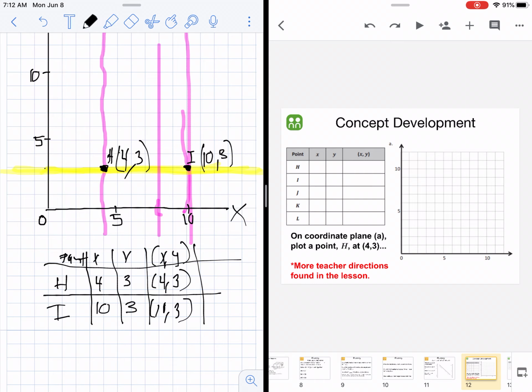And where those points intersect, this is going to be J. And J is 8, 3. So make sure you fill that in your table. Fill in that table, plot point J, 8, 3.